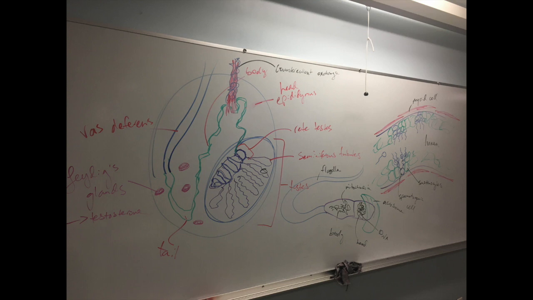But can't they still get past it? Isn't that how people, even though they get that removed, can still produce? So what happens there is that it's rare, but it's possible for the vas deferens to reconnect over time.